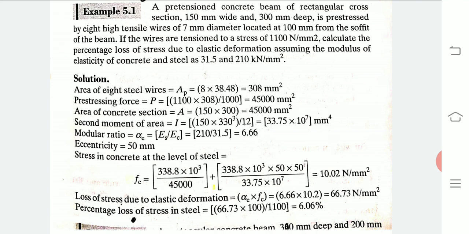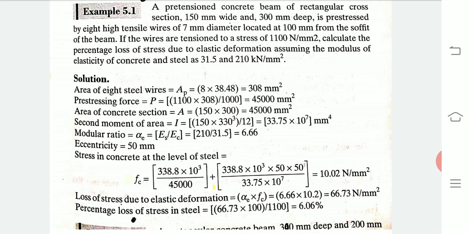Given example: a pre-tensioned concrete beam of dimensions 150 by 300 is pre-stressed using 8 high tensile wires, each with a diameter of 7 mm. The location of these wires is at 100 mm from the soffit, that is the bottom of the beam.